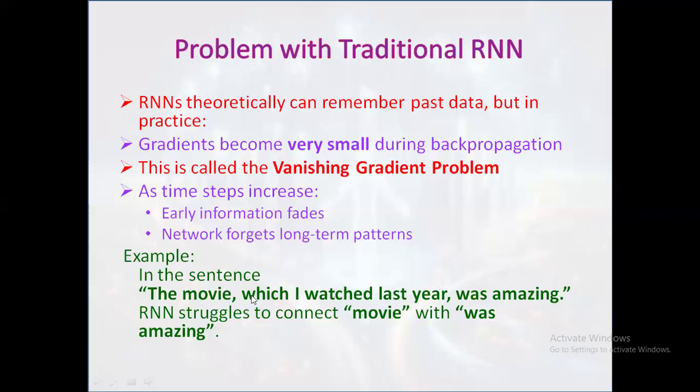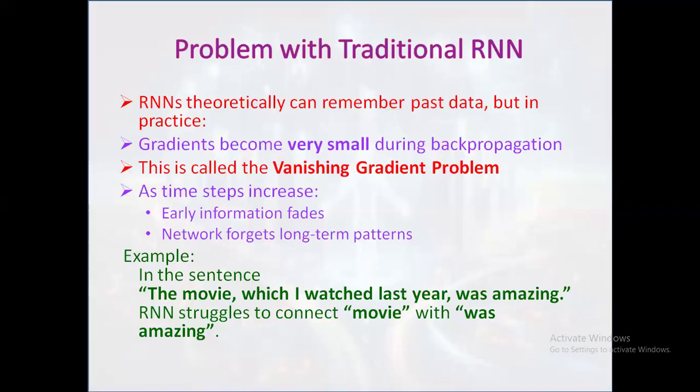Example of RNN limitations: for example, in the sentence "The movie, which I watched last year, was amazing." What is the keyword here? Movie is the keyword. The keyword movie appears far earlier than the phrase "was amazing," which describes it. A simple RNN must carry the meaning of movie across many intermediate words.